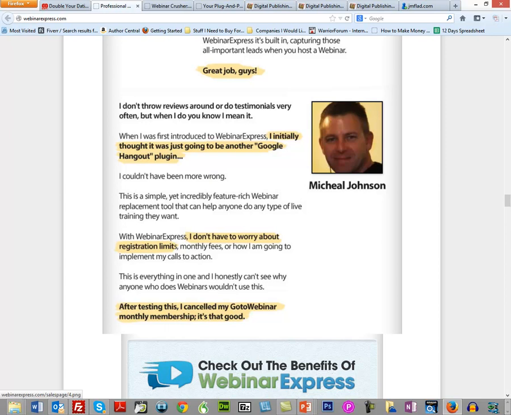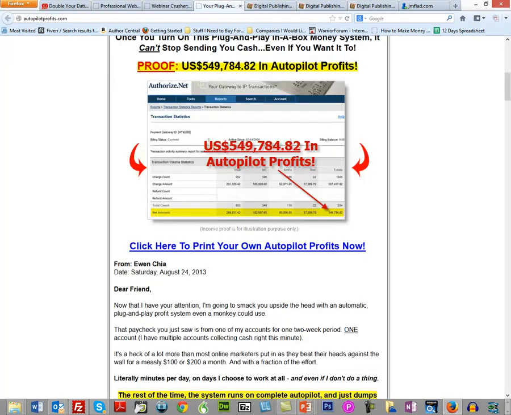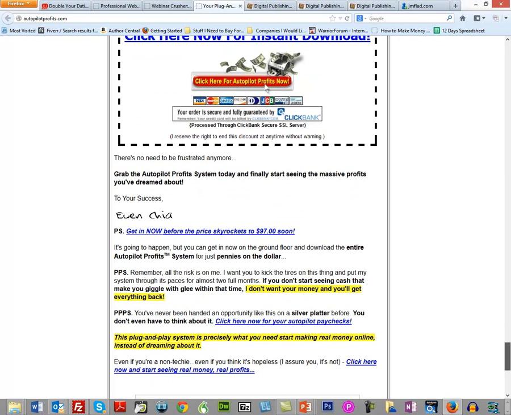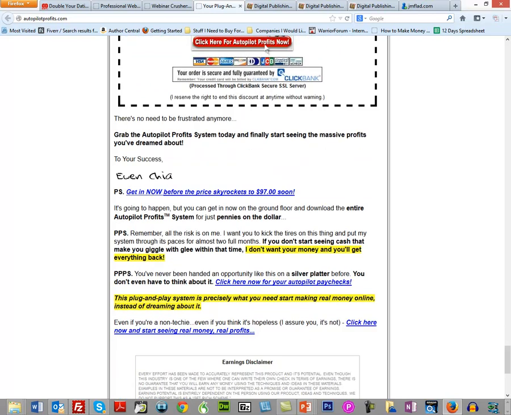Okay, and then lastly, I want to take a look at doing a takeaway here. And once again, I'm going to say that Ewan Chia does an excellent job of doing a takeaway, and I want to show that to you here. Get in now before the price skyrockets. So remember, we're trying to tell the buyer, look, you don't have forever to make a decision.